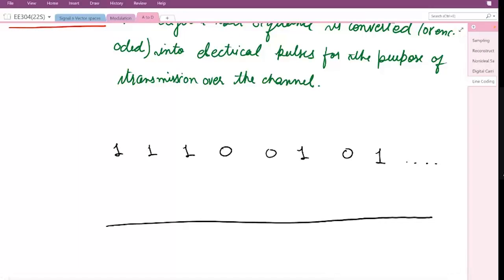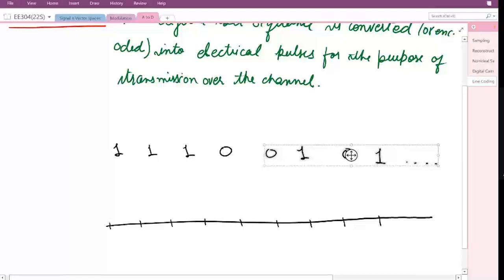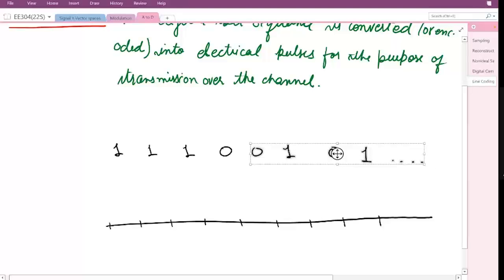One of the ways is that we represent these ones by a high value, let it be some value. So if I represent 1 by a high value, we transmit a pulse.